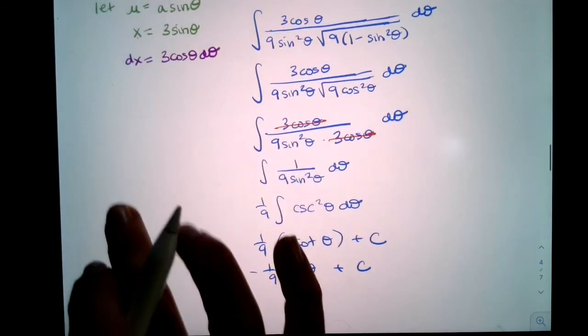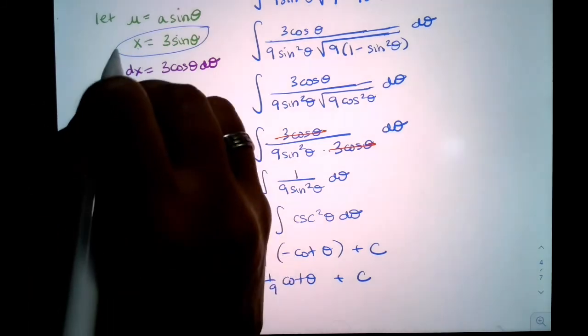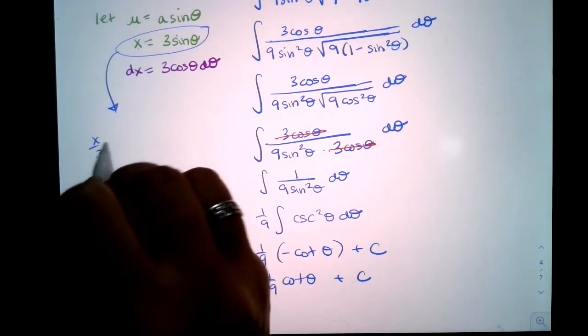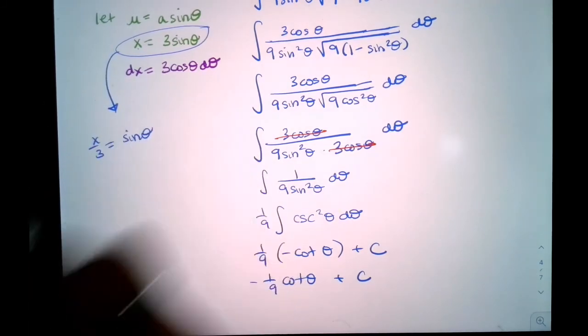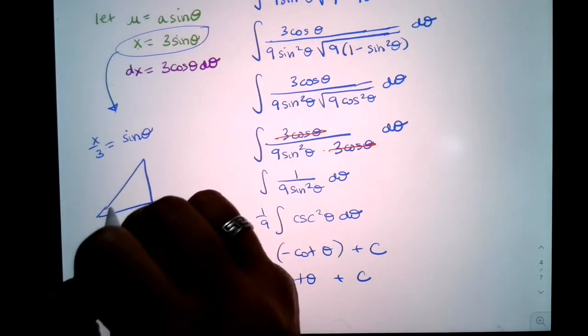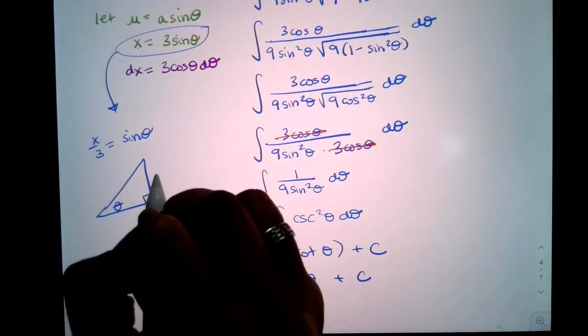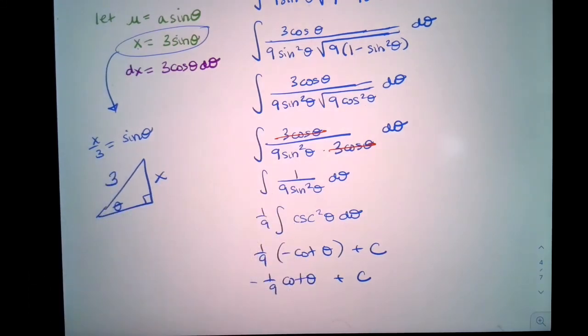Now let's pay attention. What was our substitution? Our substitution was that x equals 3 sine theta. Let me rework that. That means x over 3 equals sine theta. Let me draw that theta. I'm going to draw a triangle with theta in it so that the sine ratio really is x over 3.